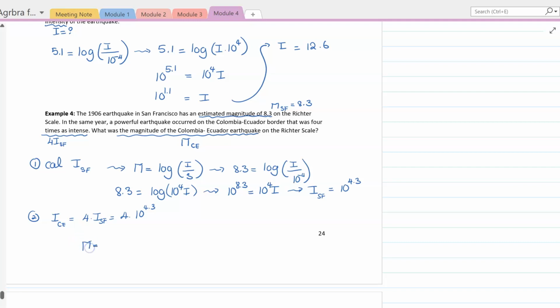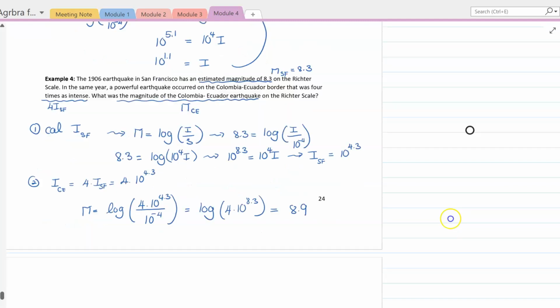The magnitude equals log of the intensity divided by 10 to the negative 4, and this is 8.9 for the magnitude.